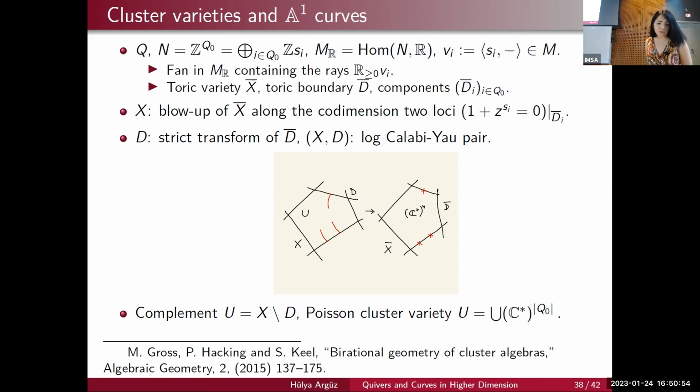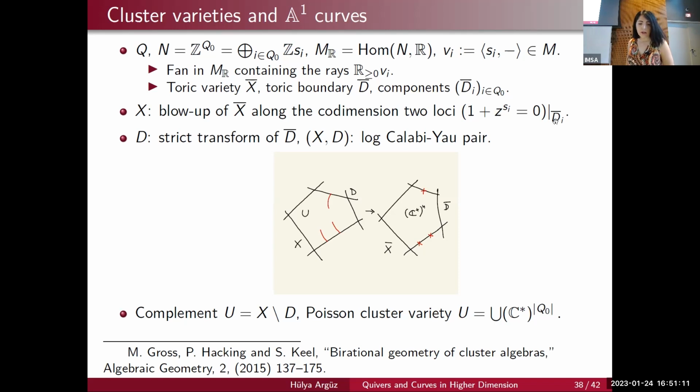And I consider a toric fan containing all these rays, the non-negative multiples of v_i. And I consider again the hypersurfaces 1 plus z to the e_i equals 0, this time inside the toric boundary component.